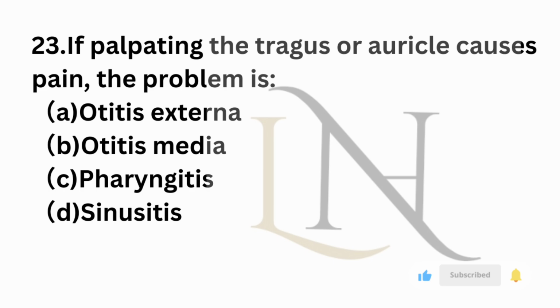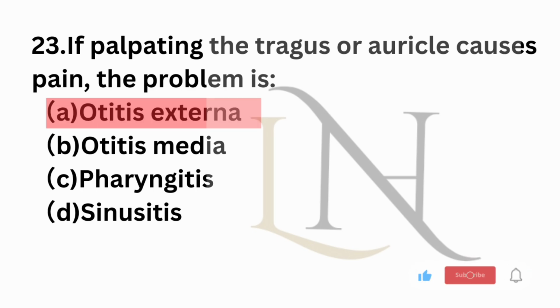If palpating the tragus or auricle causes pain, the problem is option A, otitis externa. Option B, otitis media. Option C, pharyngitis. Option D, sinusitis. Correct answer: option A, otitis externa.